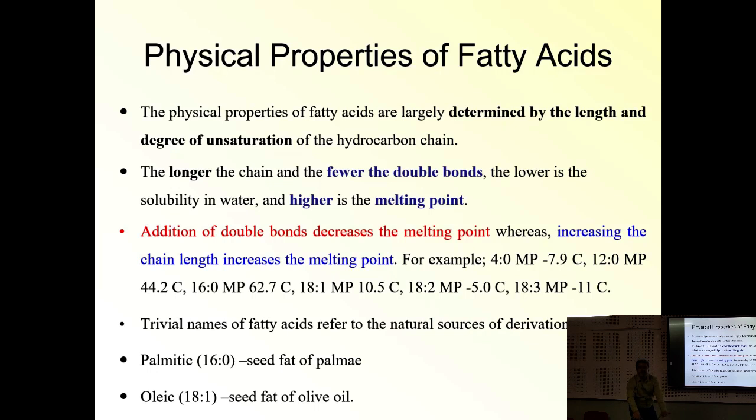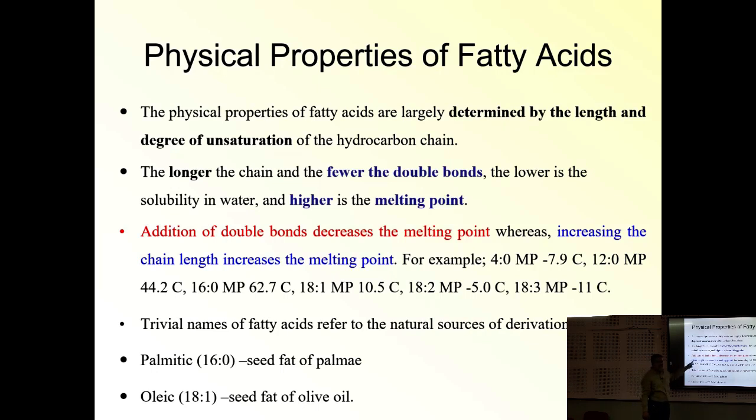Addition of double bonds decreases the melting point, whereas increasing the chain length increases the melting point. These are the universal sentences that can be asked in multiple choice questions.